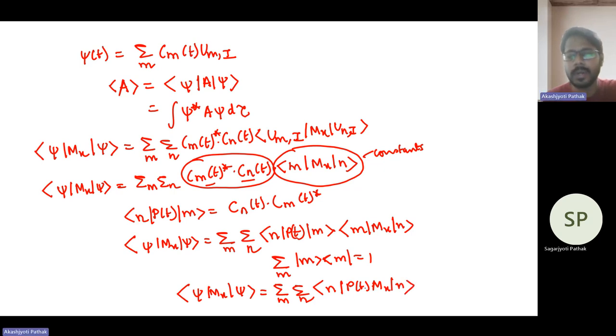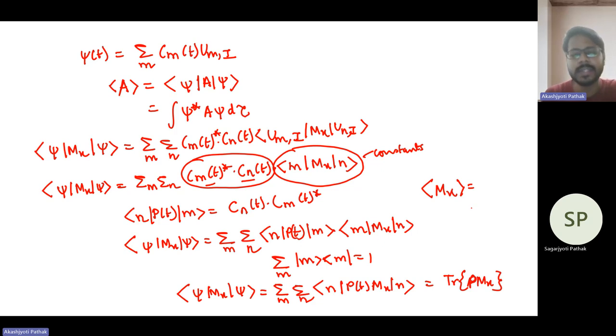This is what is called the trace. So this is the expectation value. Rather than writing all this, we write it directly. This is the expectation value of magnetization corresponding to the x direction.